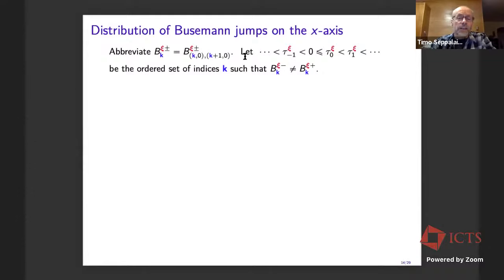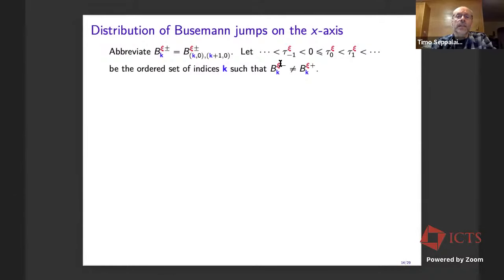Now, given a xi, this xi may be a jump point at various locations k. Let the tau indices mark those jump locations. So for a given xi, the taus are the indices k where the Busemann function jumps at xi at the edge marked by k.